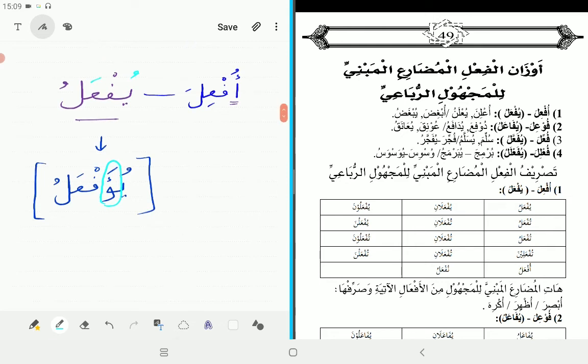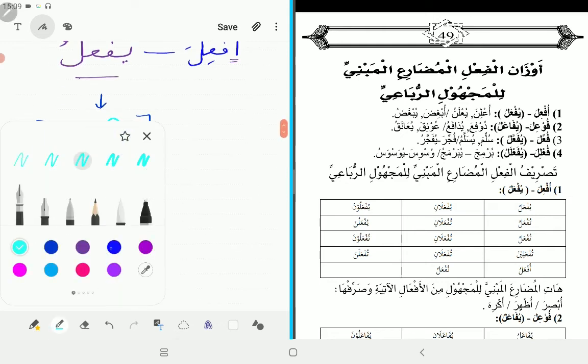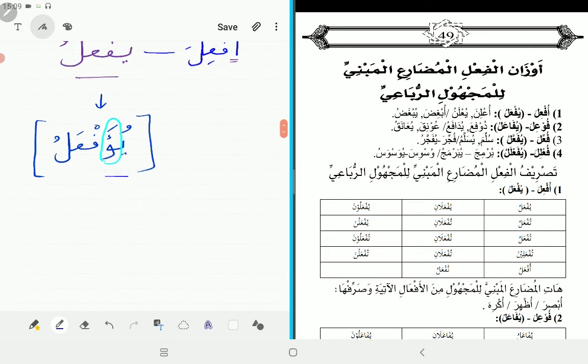Okay, so what happens here is when you come to the verb in the state where it's a mutakallim, I am the one doing the action, what happens? What letter from the letters of the mudari' points to that? The hamza. So the verb becomes أفعل.